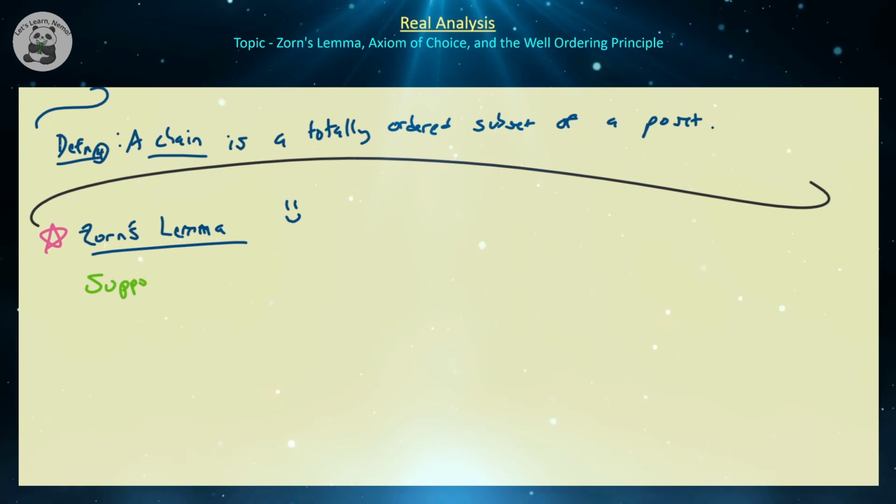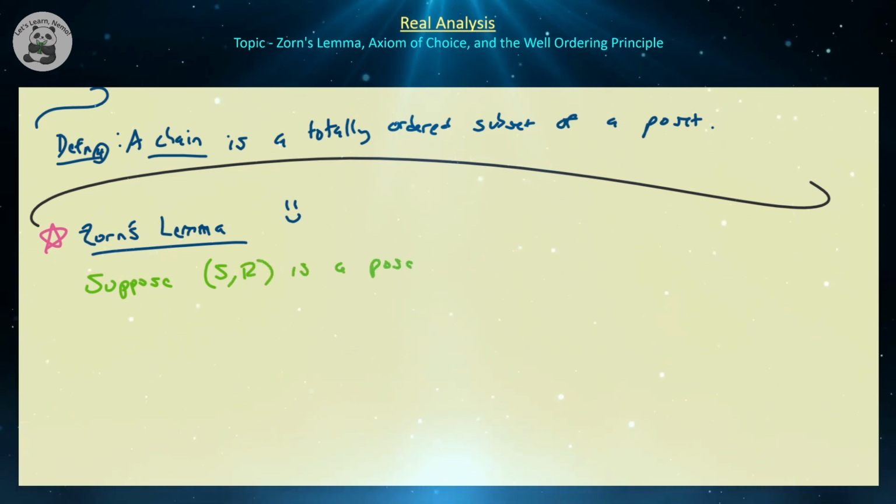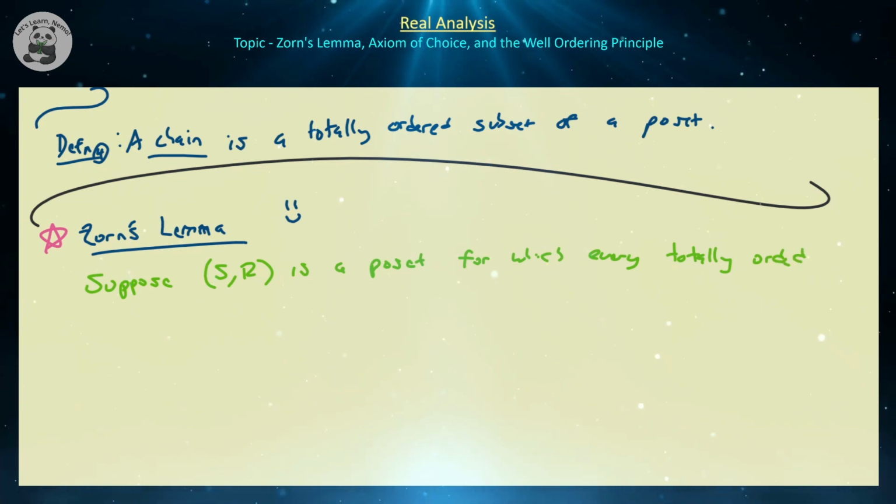So suppose that S, R is a poset for which every totally ordered subset has an upper bound.